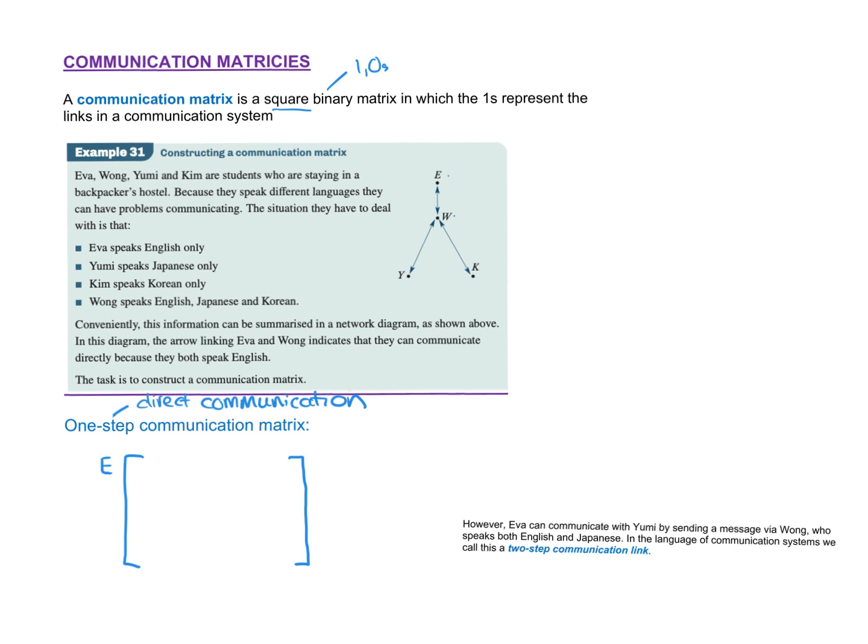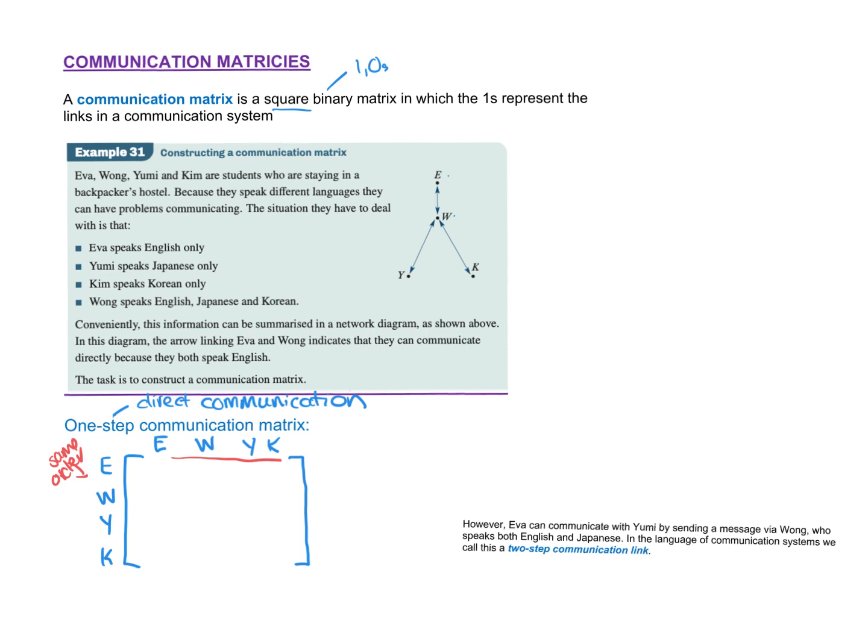So we've got E, W, Y, and K. Now, because I've gone that order, I'm going to go the same. You have to have the same order across. So maybe make a little note that it is the same order there. What I mean is EWYK is along that way.